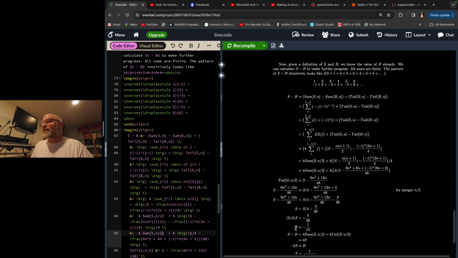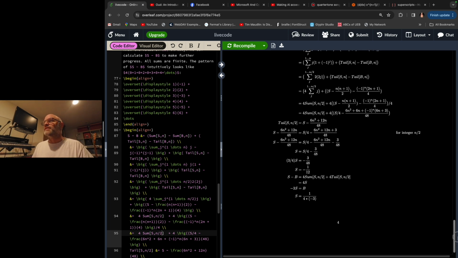In any case, often what happens is they take a different route and they play with things that have a dot dot dot on the end, and they end up messing with the sequences, and they say, aha, and then they end up doing this step next. But what I did here is I calculated it by figuring out the sum plus the tail, and I had to have the tail of s over n divided by 2 because I only expanded halfway out to deal with this whole zero thing.